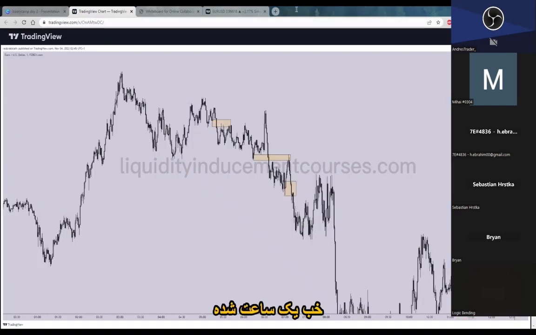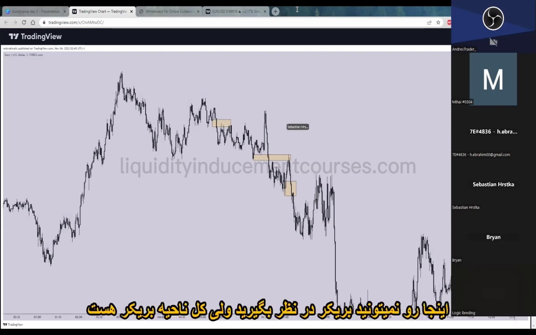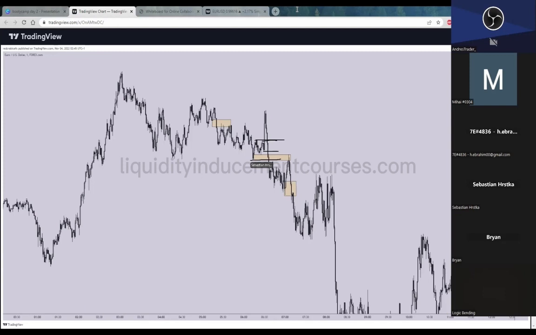It's been only 1 hour. This is a perfect example of how often it happens: breaker liquidity taken out. You can say this is a breaker, but the whole thing is a breaker, basically. Oh, I marked it wrong. This is the last sell to buy, so this whole thing is the breaker.